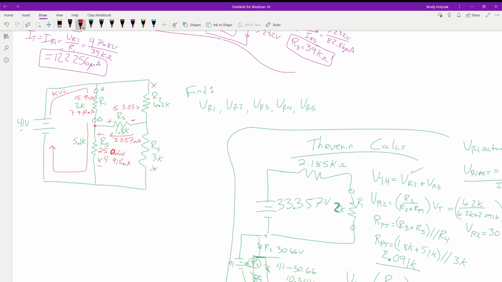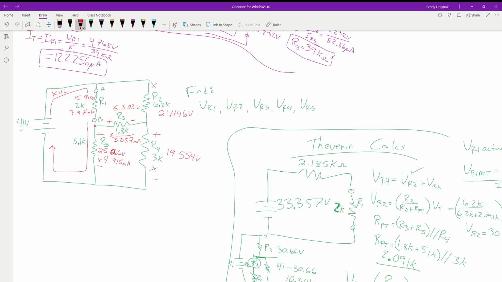Yep. 19.554 volts there. And then the last one, we're going to come across and down because we have one more value here. We have 41 volts total. We're dropping 19.554 volts there. So how much are we having to drop across R2? How much? 0.446.